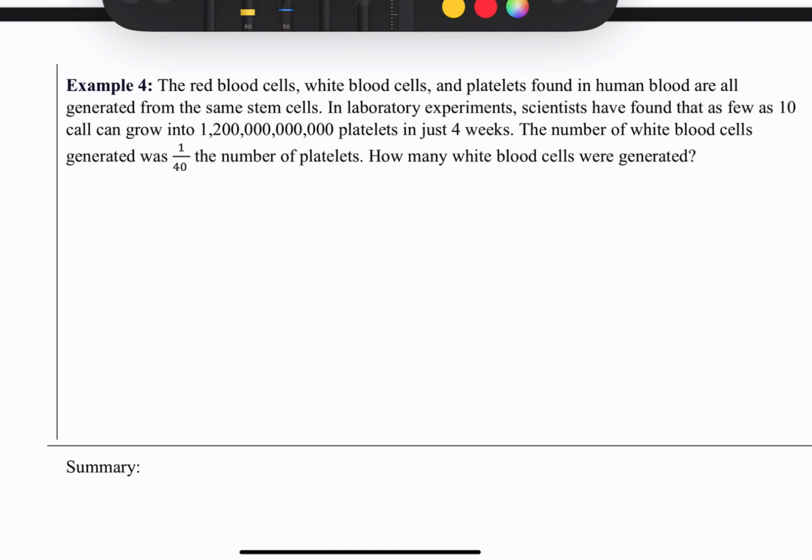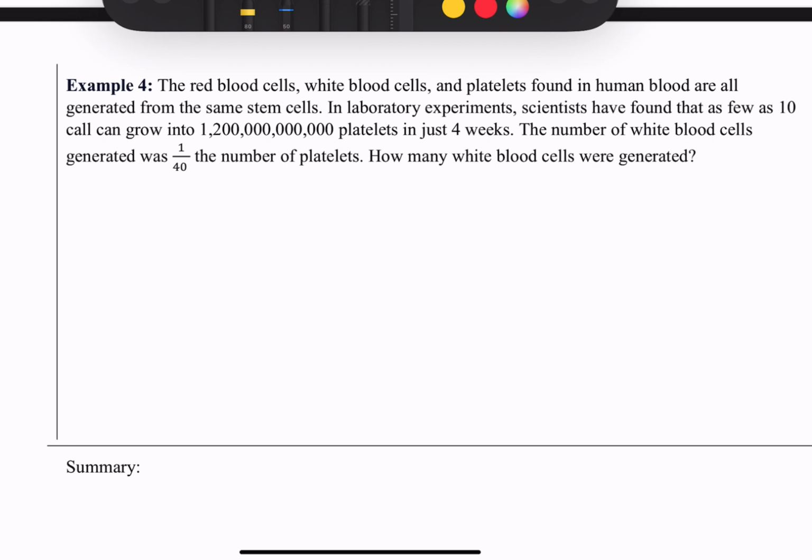In laboratory experiments, scientists have found that as few as 10 cells can grow into, and let's see what this is, hundreds, thousands, millions, billions, 1.2 trillion platelets in just 4 weeks. The number of white blood cells generated was 1/40th the number of platelets. How many white blood cells were generated?